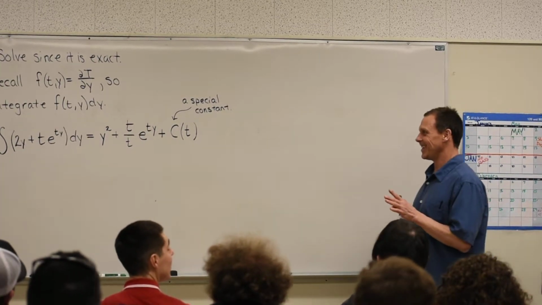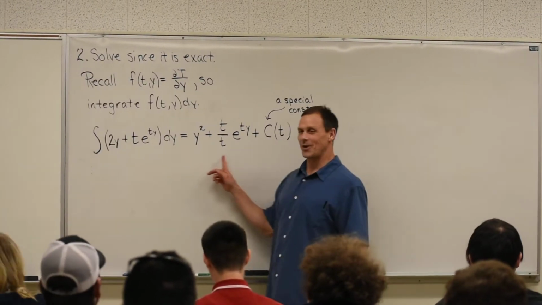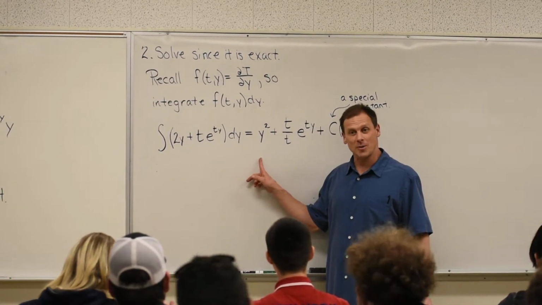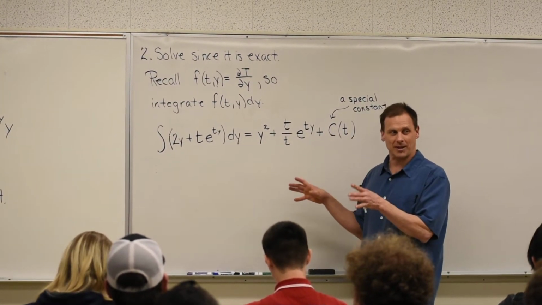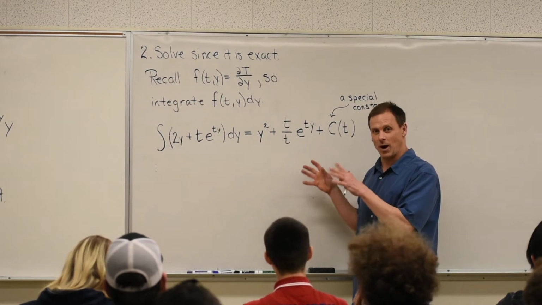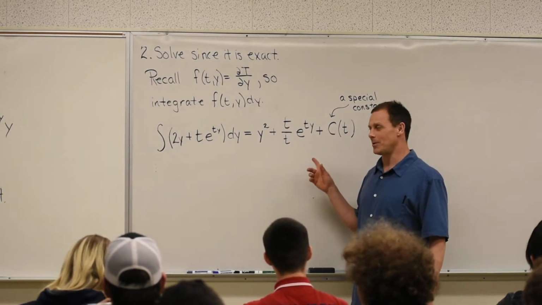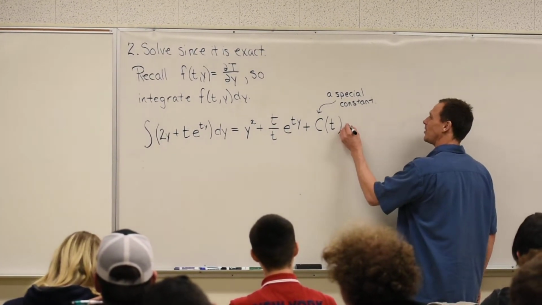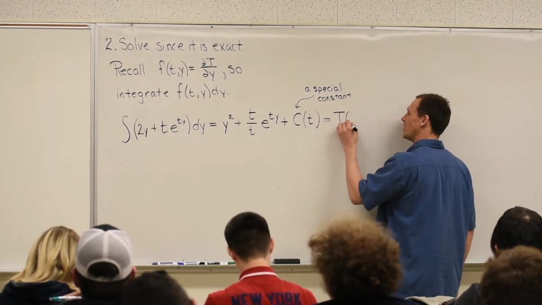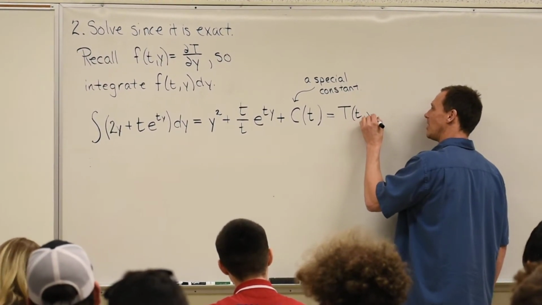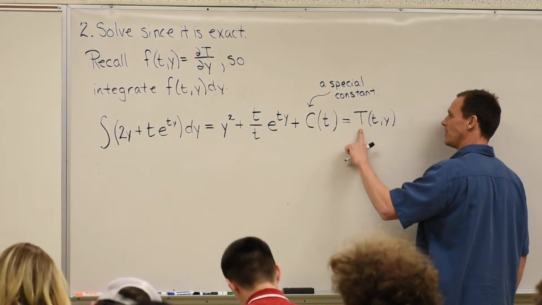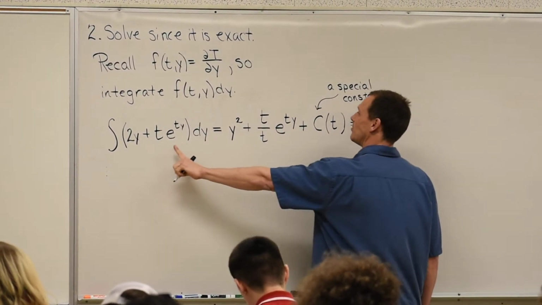So here we go. Now, what is this? This is almost that original problem, capital T of t comma y. Wait a minute. So if this is really T of t comma y, the partial of this with respect to y gave me f.